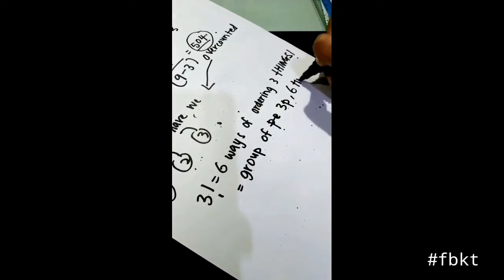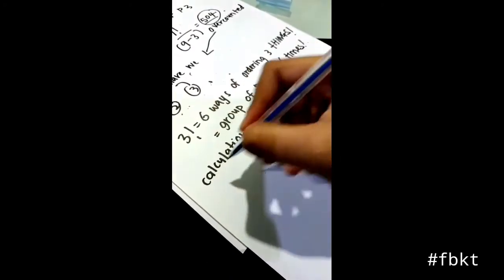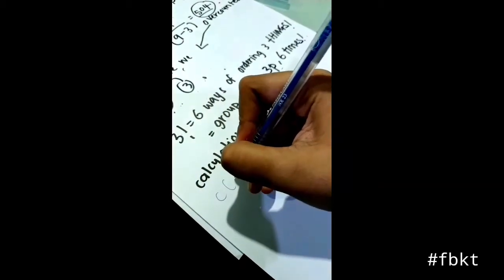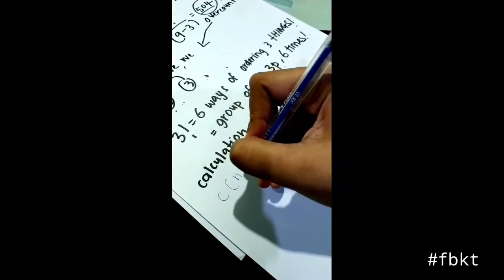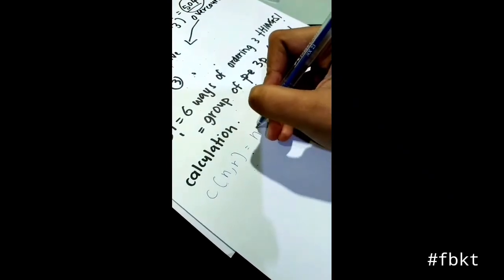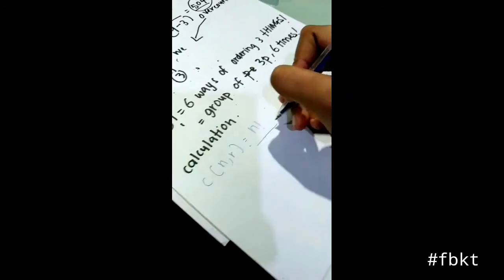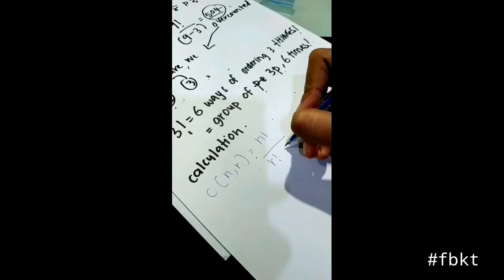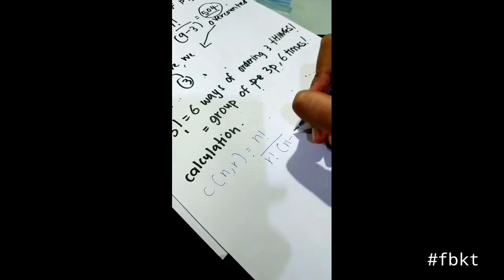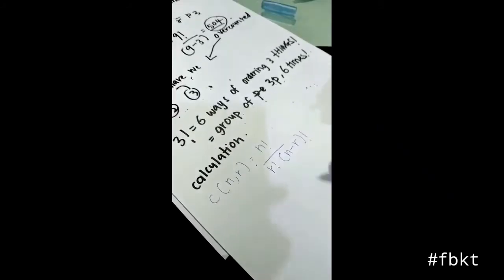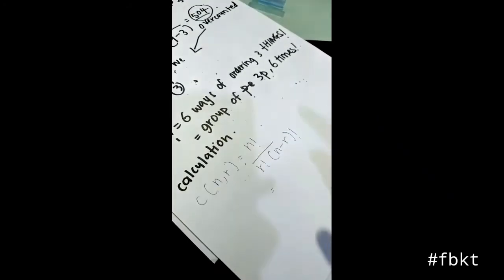So we have counted each group of 3 perfumes 6 times. For the calculation, the formula is nCr equals n factorial over r factorial times (n minus r) factorial.